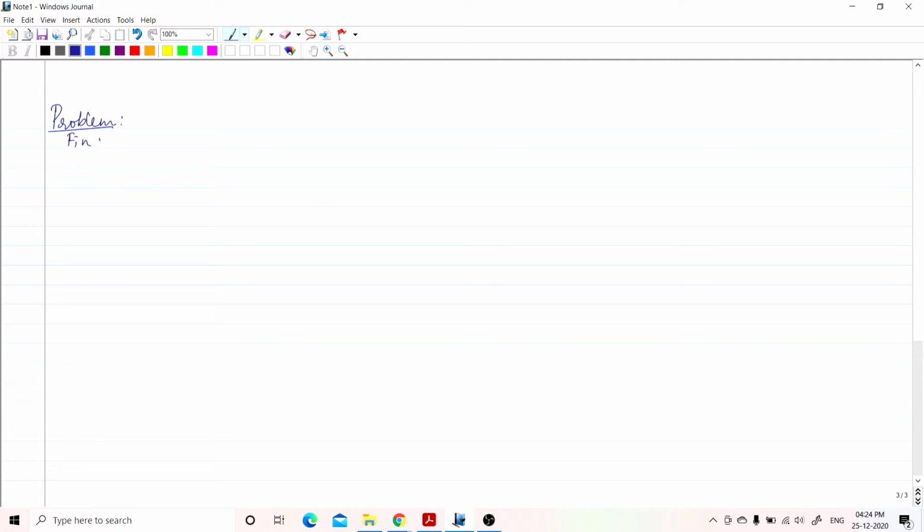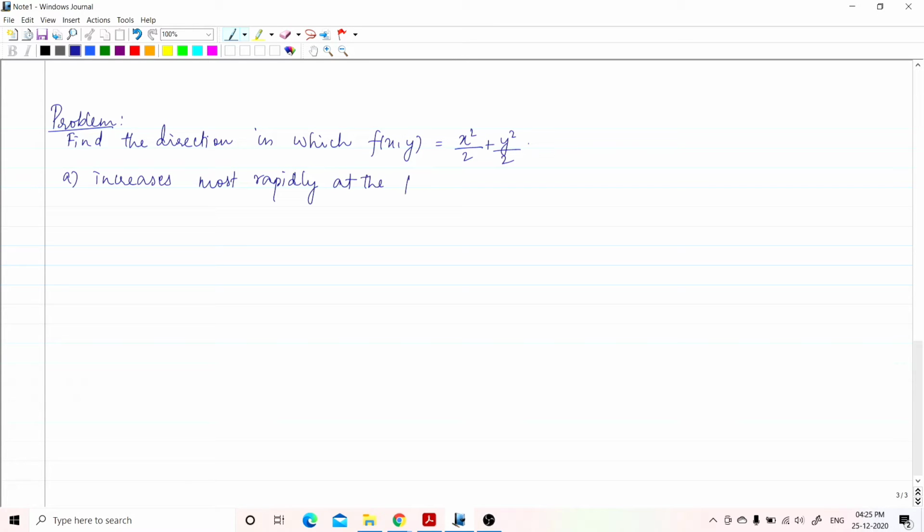Okay, now we'll see a problem. Find the direction in which f of x, y equals x square upon 2 plus y square upon 2 increases most rapidly at the point (1, 1), and decreases most rapidly at the same point.